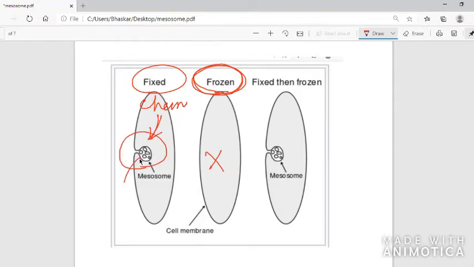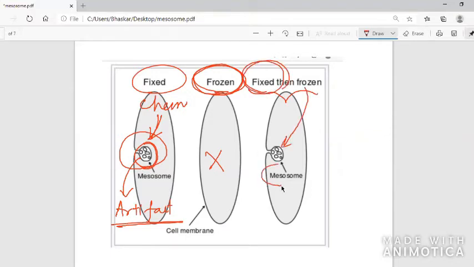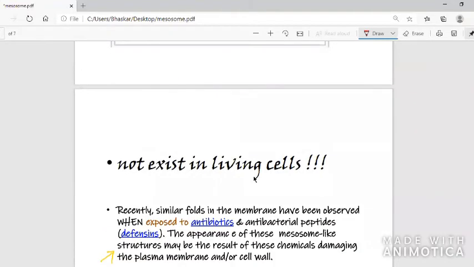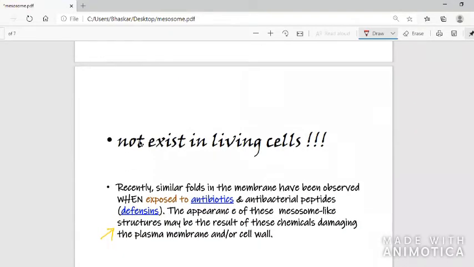That is why many scientists believe that this is not true, and that it is due to rupturing of this portion of the inner cell membrane, and artifacts are produced during that. When you fix with a chemical and then freeze it, again the structure reappears. So it is believed that it could be a structure that is not found in living cells.